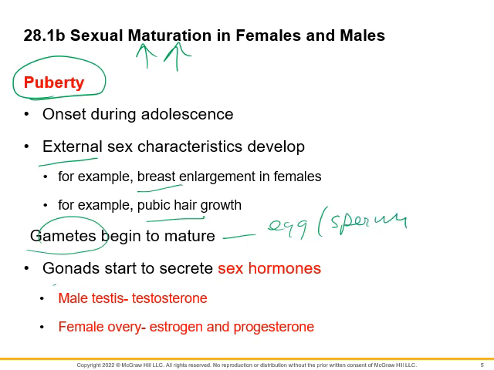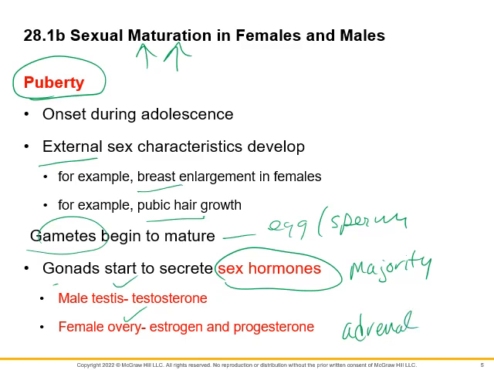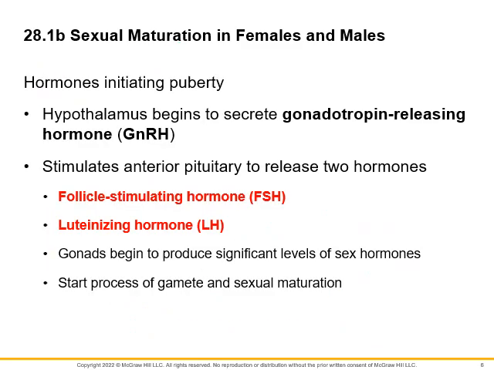And then we're going to see the secretion of sex hormones. So the majority of sex hormone secretion will come from the testes in the male or the ovary in the female. Please remember you still have your adrenal cortex supplying smaller amounts of all of these hormones. So now we have to go back and talk about gonadotropin releasing hormone, follicle stimulating, and luteinizing hormone.